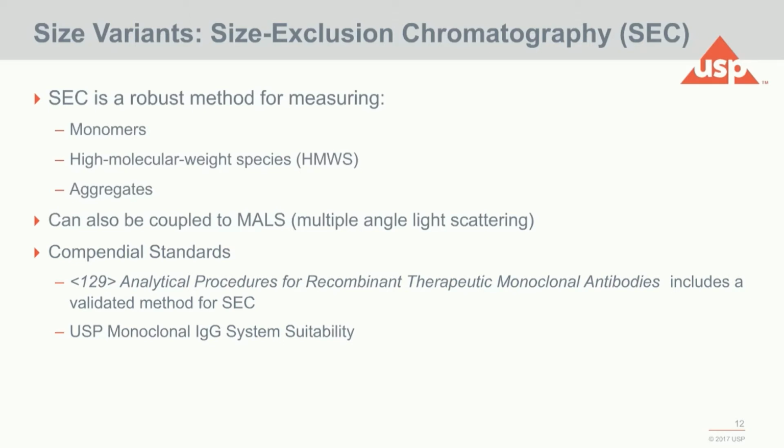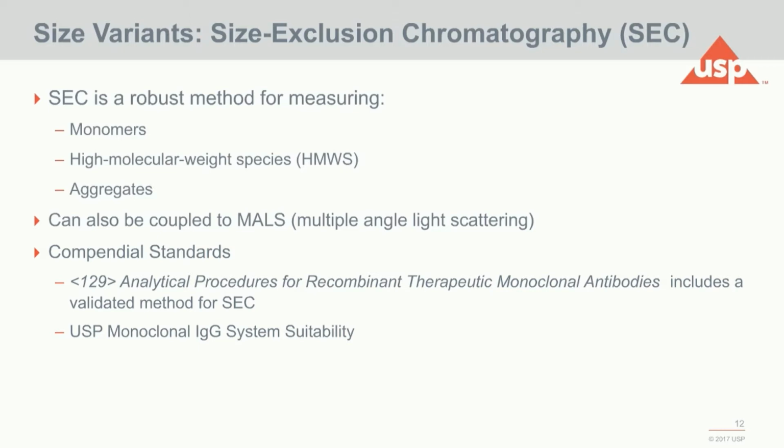This is one area where USP does have compendial standards, so this is addressed in Chapter 129, Analytical Procedures for Recombinant Therapeutic Monoclonal Antibodies. And this chapter includes a validated method for size exclusion chromatography, as well as reference to a physical standard, the USP monoclonal IgG system suitability standard.